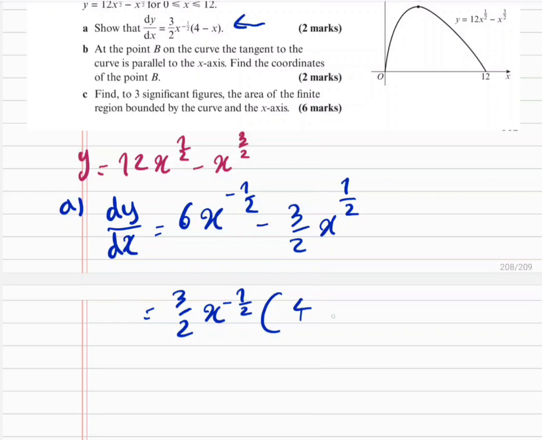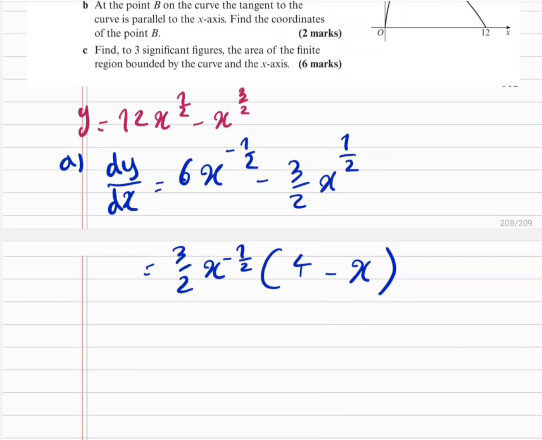And for the next term, we just have minus x, because x to the power of 1 times x to the power minus a half just becomes x to the power of a half. Okay, so this is shown, and that's the answer to part A.